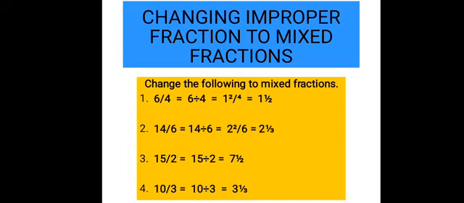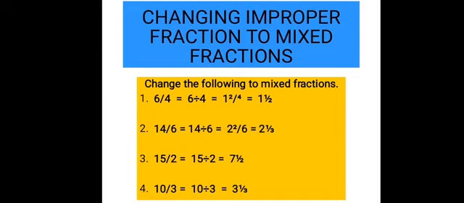Let's look to the third example. When you are asked to change 15/2 to mixed fraction, the same way you solve others, 15 divided by 2 will give you 7 whole number 1/2.